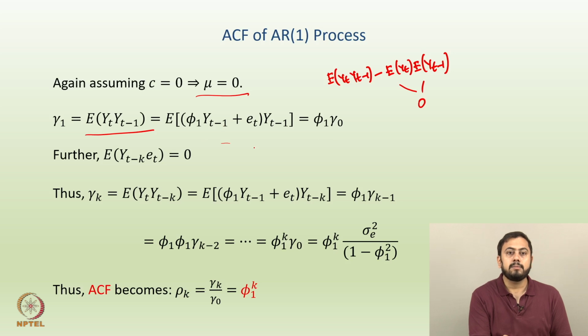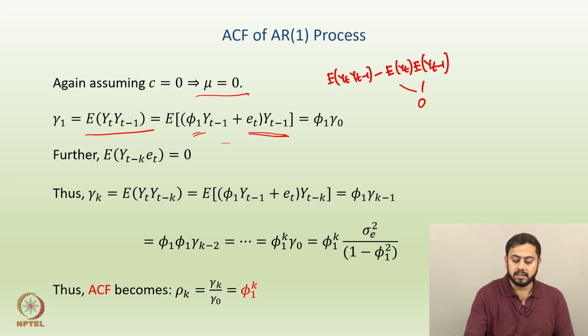If the subscripts are the same, the expectation of yt minus 1 into yt minus 1 is nothing but the variance, which is gamma 0, and then you have the coefficient phi 1 outside. And as we discussed in the last lecture, et and yt minus 1 are independent, so the expectation of et into yt minus 1 is nothing but 0.